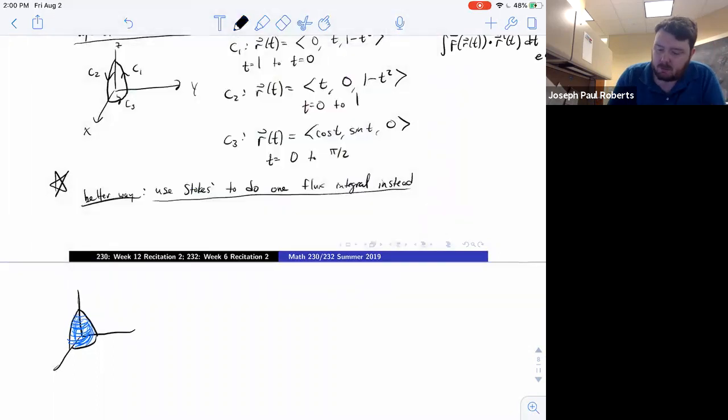So what we're going to trade this in for is the flux of curl F, where S is the part of z equals 1 minus x squared minus y squared in the first octant.